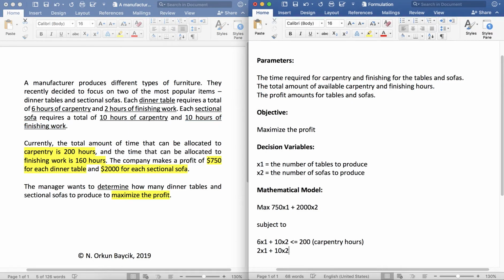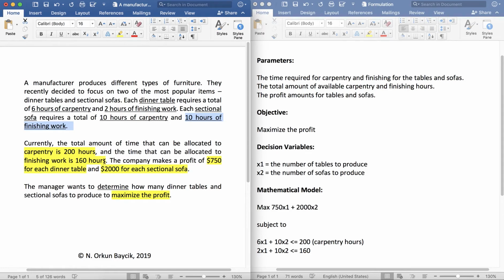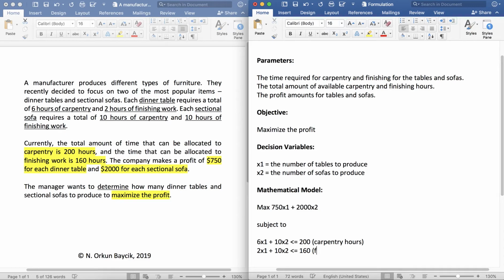So 10 times x2, the sum here gives me the total amount of finishing work hours. Okay? And similar to the first constraint, this has to be less than or equal to 160 because I only have 160 hours of finishing work available. And in parentheses, I'm going to write finishing hours. Okay? So these are the constraints defined by the problem.